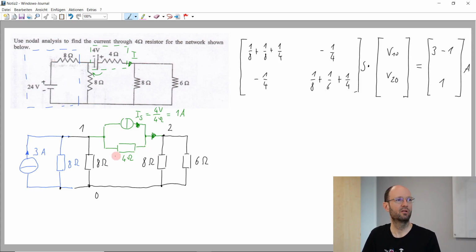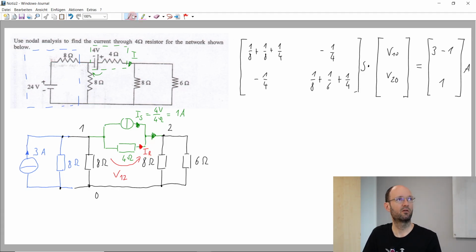And so then, let's take a different color, if we know this voltage here, which is the voltage V12, we can also calculate this current, IR.